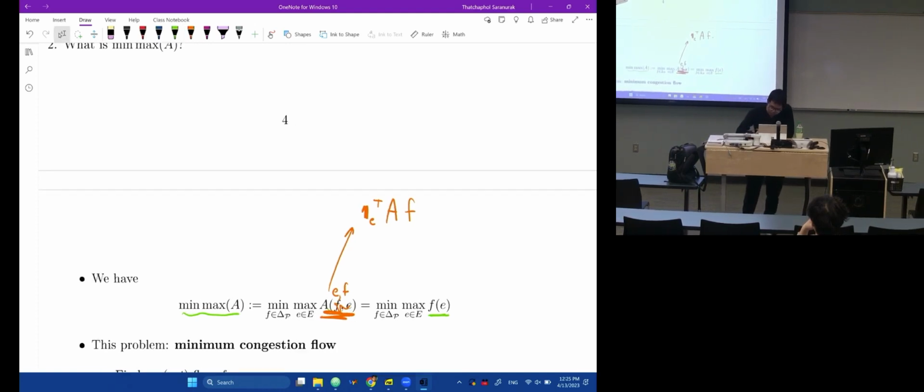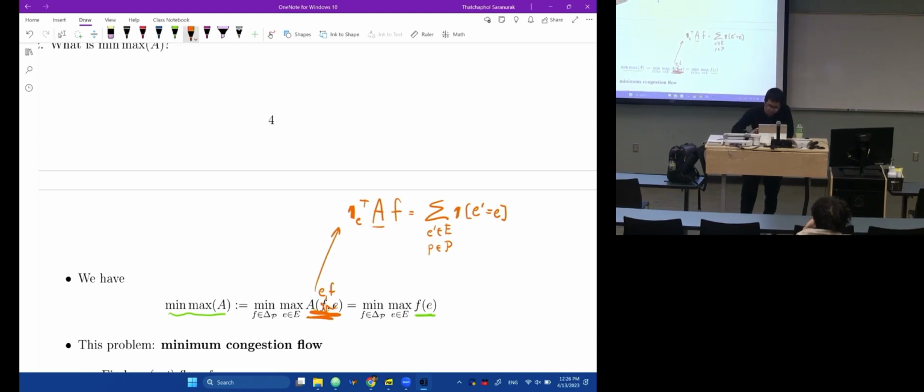Then what is this? Let's say we sum over all edges E prime in E and paths P over all paths, right? And then this is an indicator whether an edge E prime is E, and what's the entry of A?